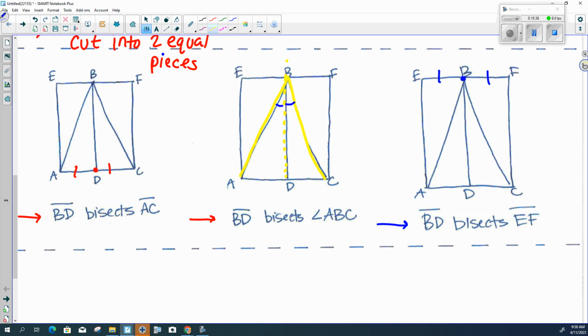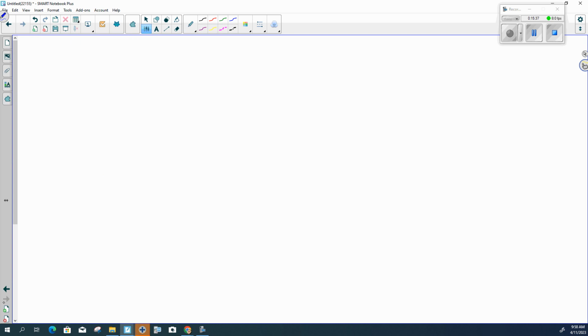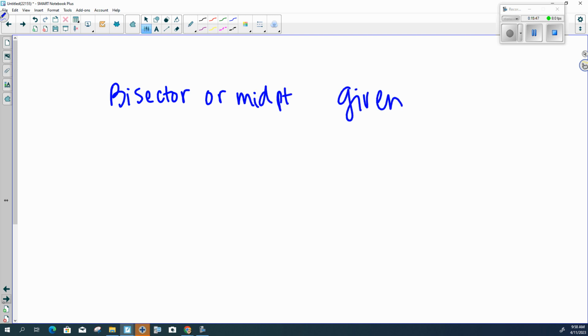All right, when you do your proofs, if you have a bisector or a midpoint in your given, what's the very next thing you have to write?